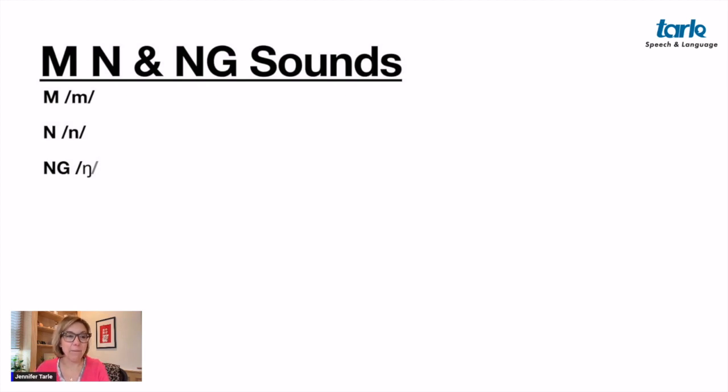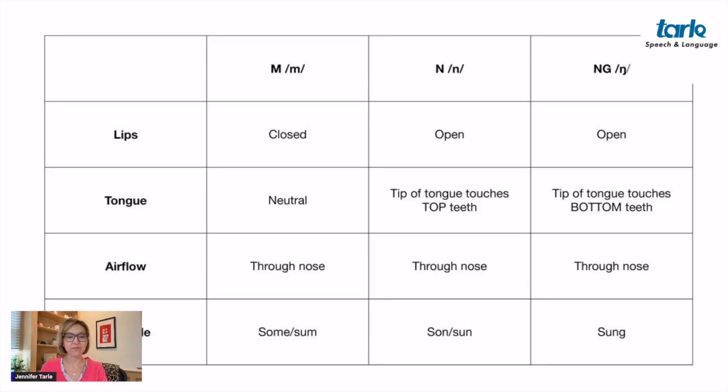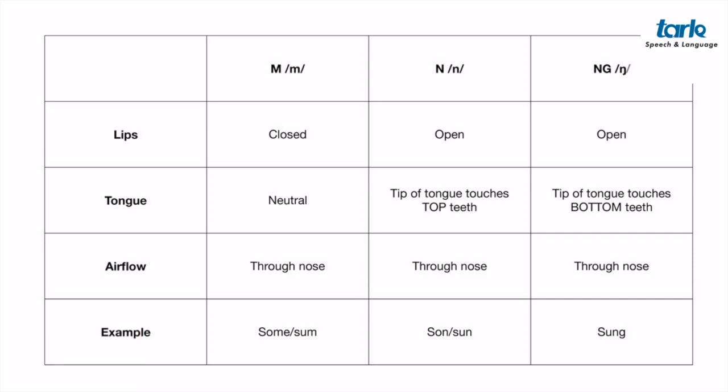So we have the M, N, and NG sounds, and here are their phonetic transcriptions. If you are listening to this as a podcast, you can jump on over to YouTube to watch this as well and see the slides as we are progressing through. I made a bit of a chart today, and I think this might help some of you to visualize the difference in these sounds.